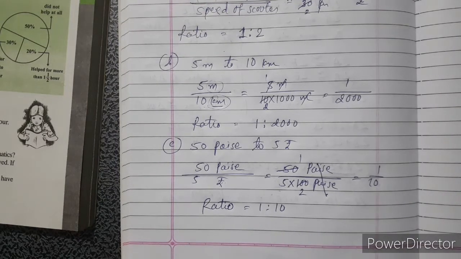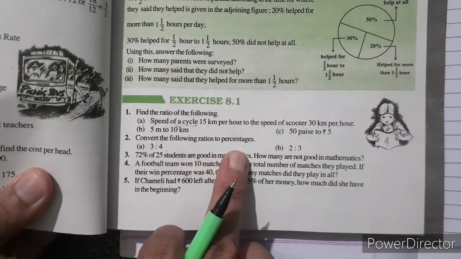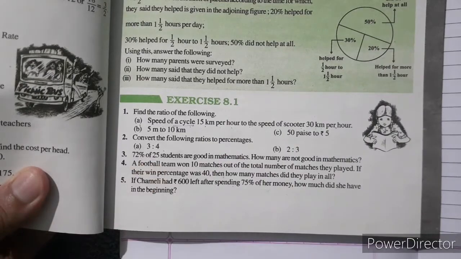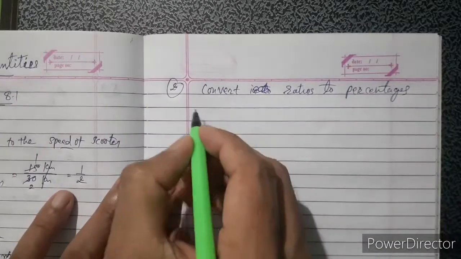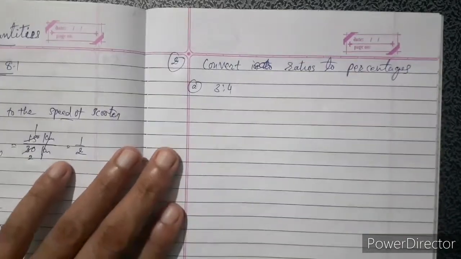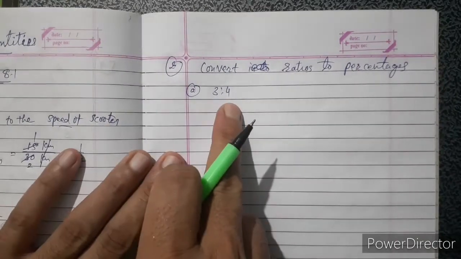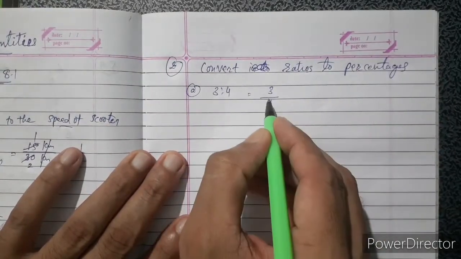Now question number 2: convert the following ratio to percentage. Ratios are given, we just convert into percentage. The first one is 3:4. Convert 3:4, that means 3/4.